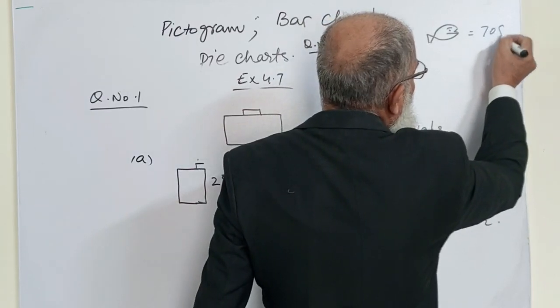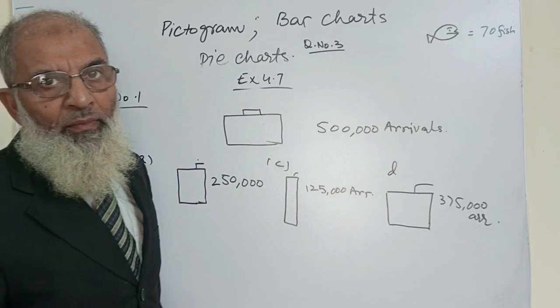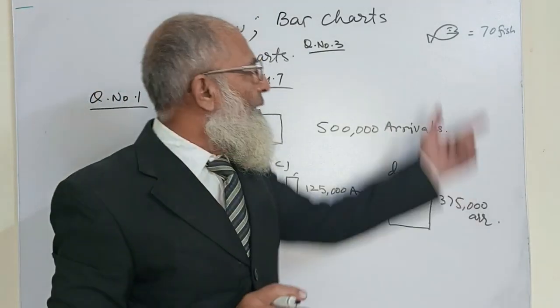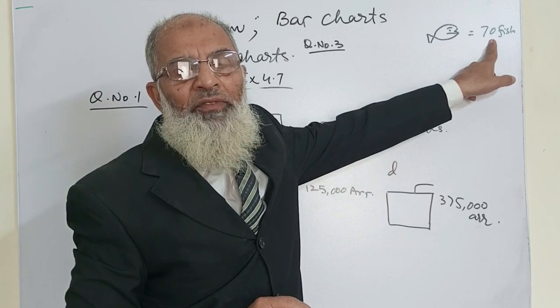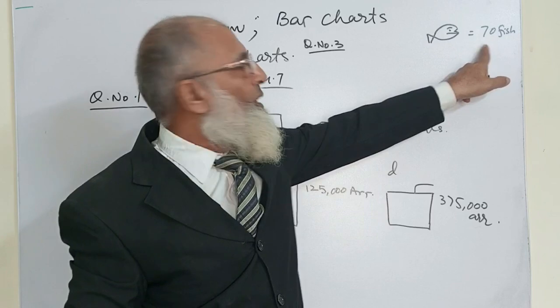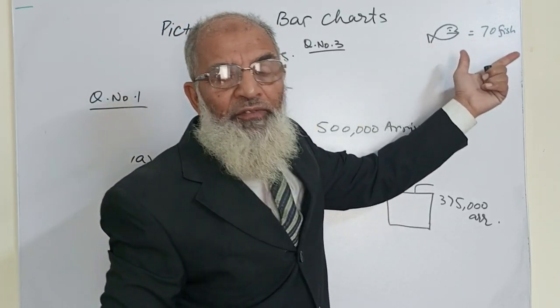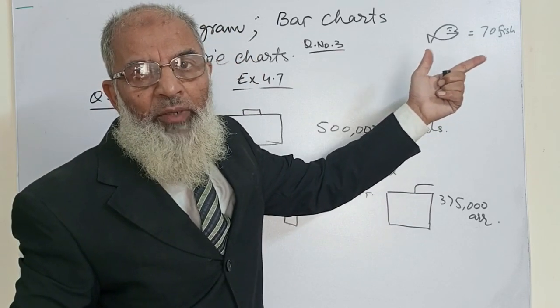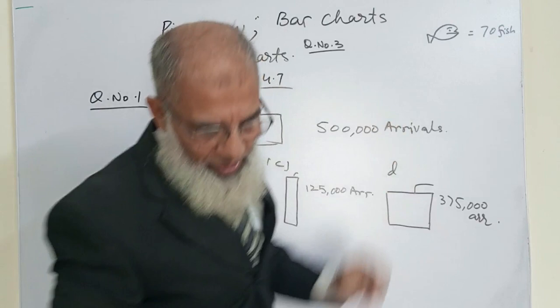One full fish means 70 fish. If I catch one fish, that means I catch 70 fish. In fact, the singular and plural both are fish. So if I catch one fish from the table, that means I have caught 70 fish.